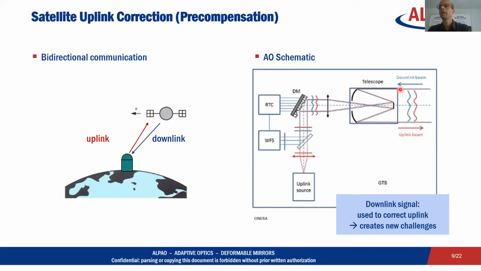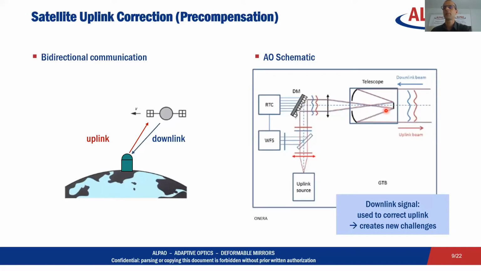The downlink beam is sketched in blue, and the uplink beam that goes out of the telescope is in red. What happens here is that we need the downlink beam for the AO because we use it as a beacon.